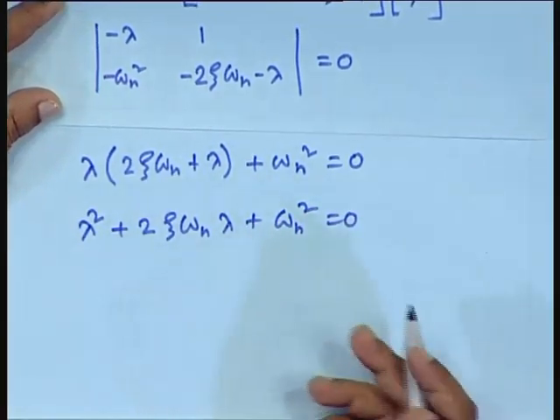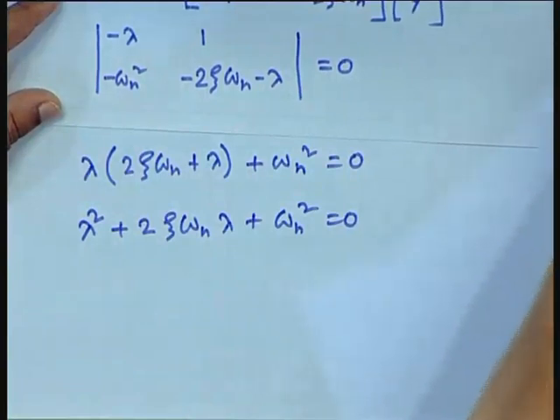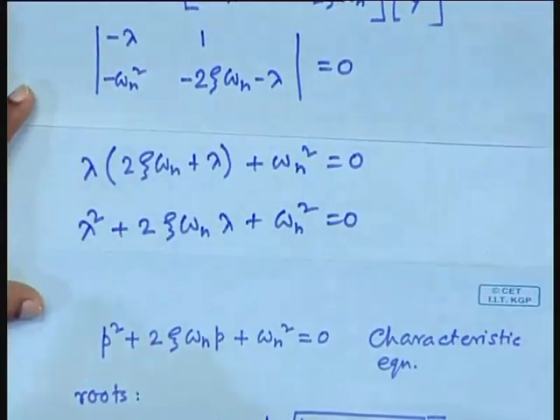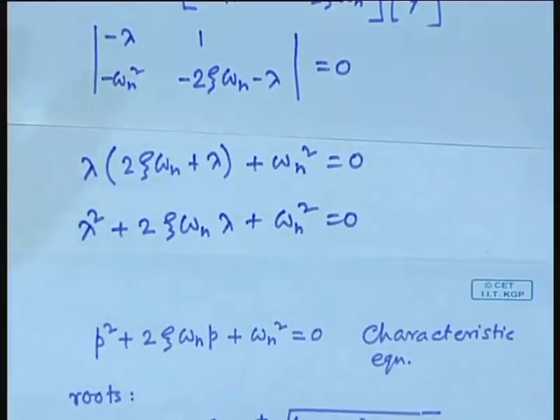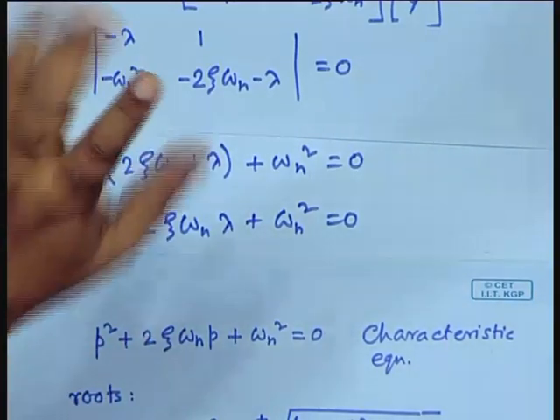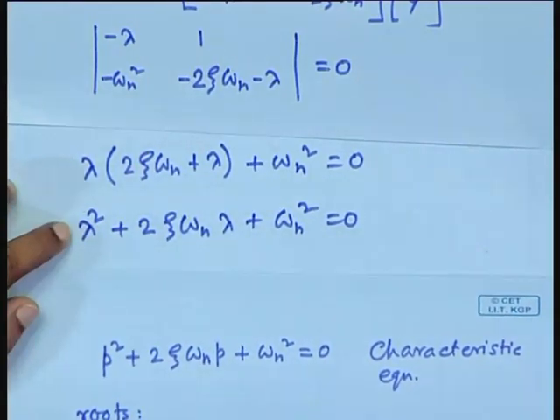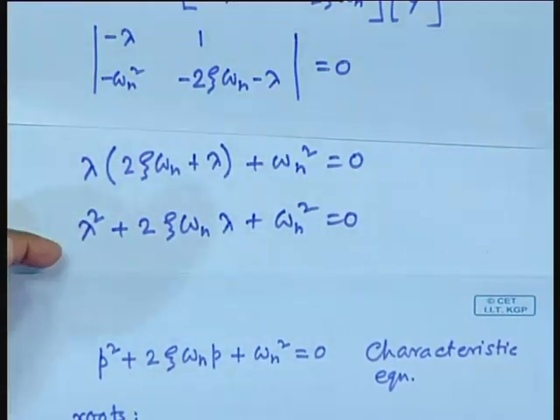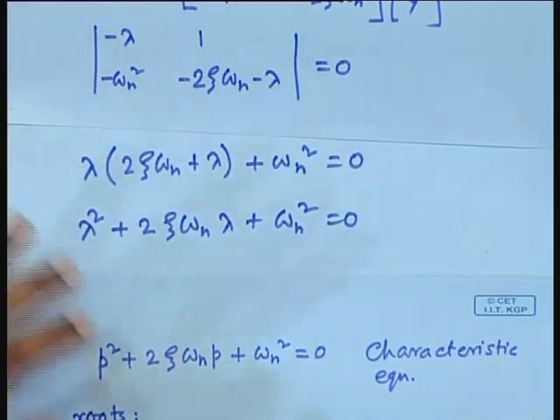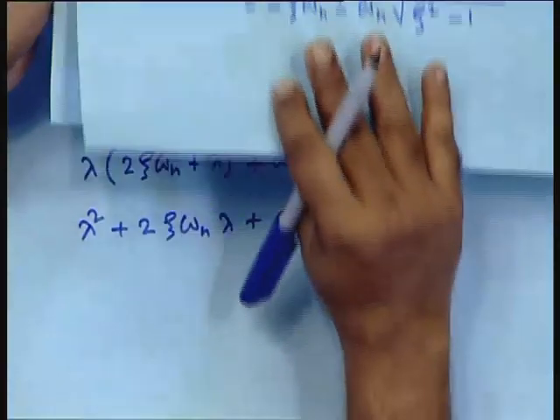Notice that this is exactly the same as the characteristic equation that you had obtained. So, which means that if you have a 2-dimensional form, then its characteristic equation is the same as the equation that yields the eigenvalues for the first order form. So, the roots will be exactly the same as the eigenvalues.